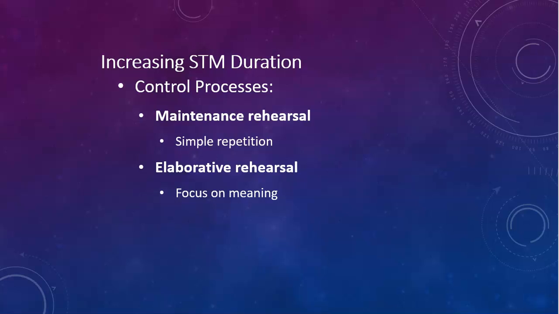And so you're putting meaning to the words and you're focusing on the meaning, and by adding a meaning, then you're going to allow yourself to remember these things longer. Whereas with maintenance rehearsal, you're not putting a meaning, you're just repeating things over and over and over again until you need to recall it.